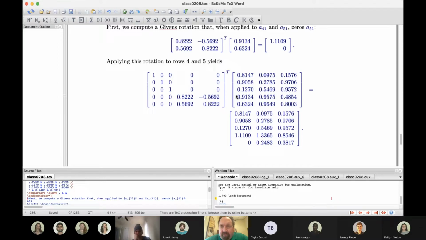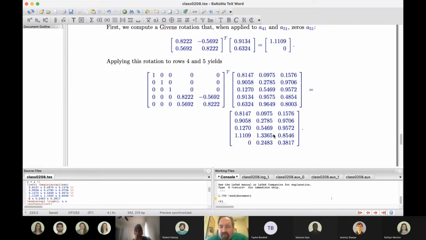Rows 4 and 5, basically I'm taking a linear combination of these rows, this linear combination here, and that gives me row 4. Then I'm taking this linear combination of rows 4 and 5, and that will give you row 5. And we see that this entry is zeroed.